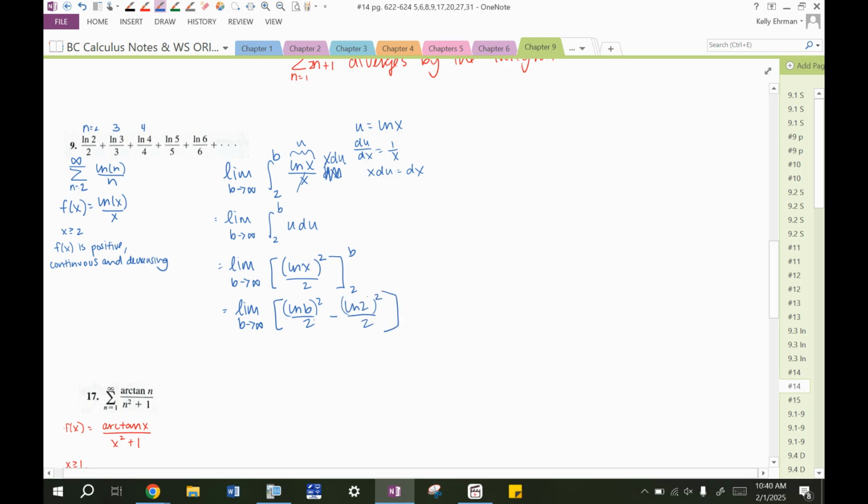And then evaluating the limit, this is infinity squared over 2. So infinity minus a constant is infinity. So this series from 2 to infinity of ln n over n diverges by the integral test.